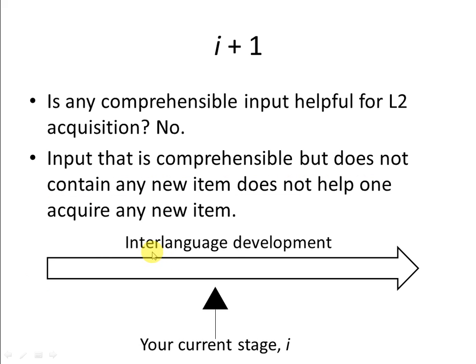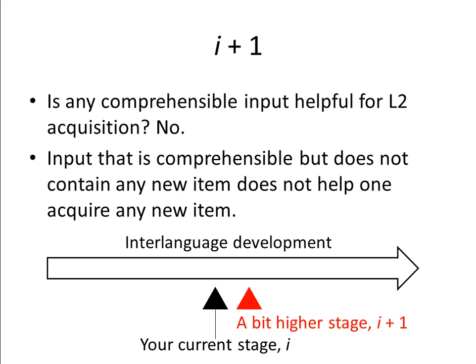So if our interlanguage develops in this direction, and if our current stage is here, we need to get input, comprehensible input, that is at a bit higher stage. So if our current stage is I, we need to have comprehensible input at I plus 1 stage. Okay?